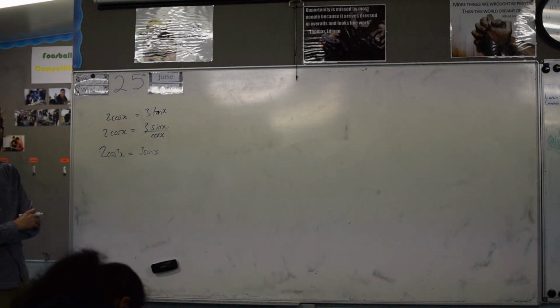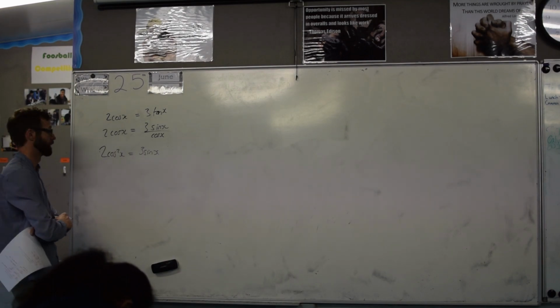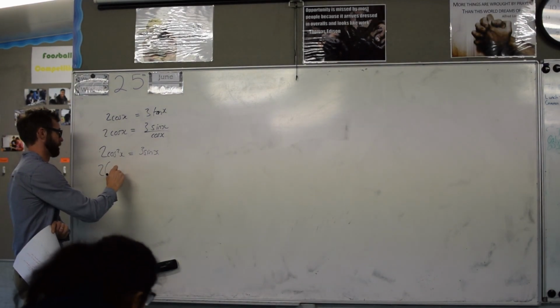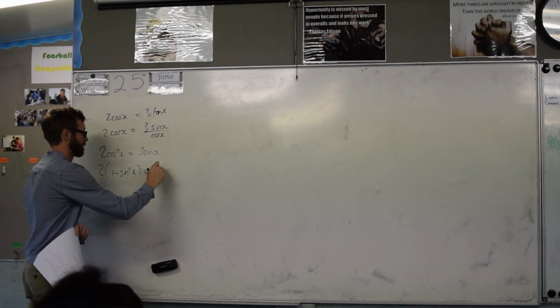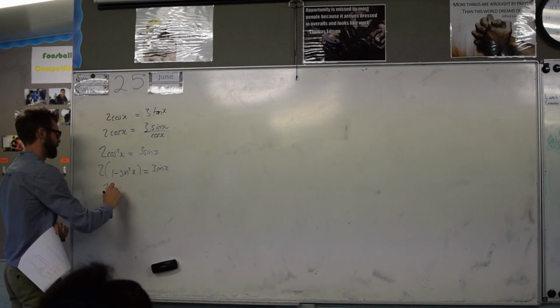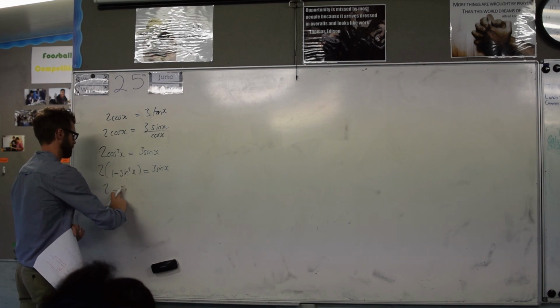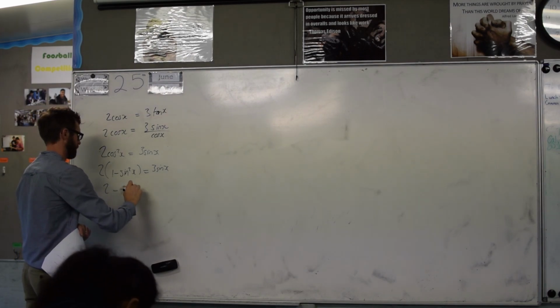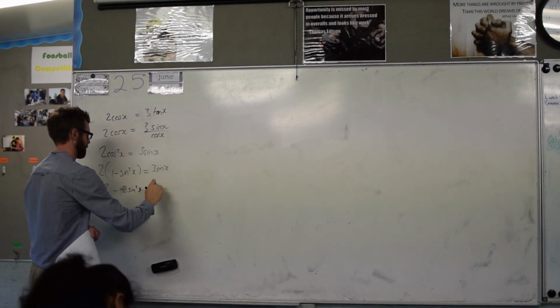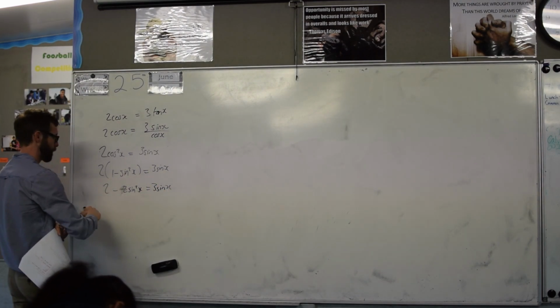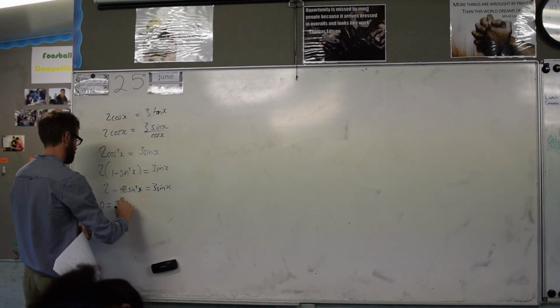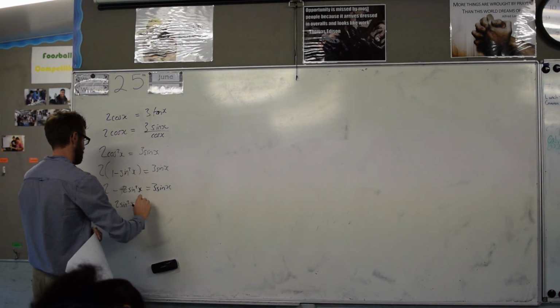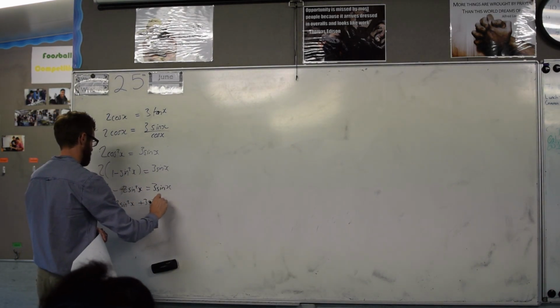What do we need to do now? So you do 2 in brackets, 1 minus sine squared x. Okay. Expand. Then move across to the right-hand side: 2 sine squared x plus 3 sine x minus 2.